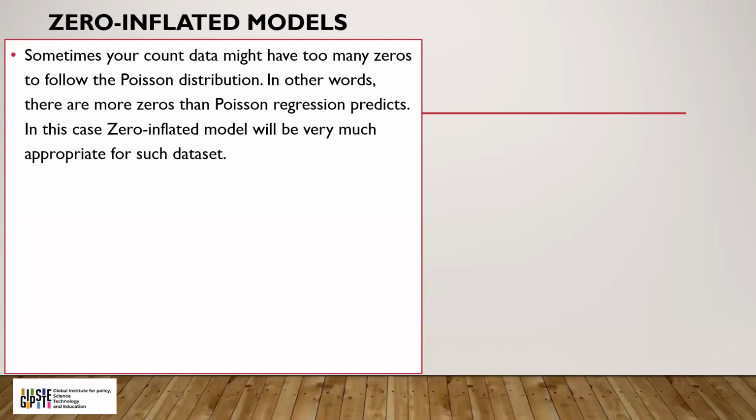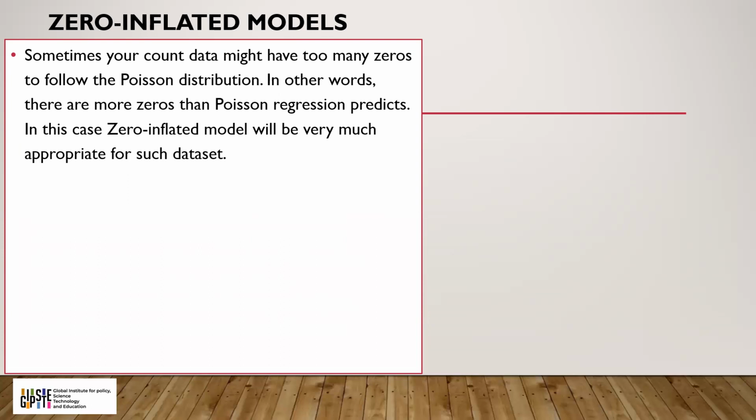The last concept that I'm talking about is zero-inflated models. Sometimes your count data might have too many zeros to follow the Poisson or even the negative binomial regression model. In other words, there are more zeros than Poisson regression predicts.